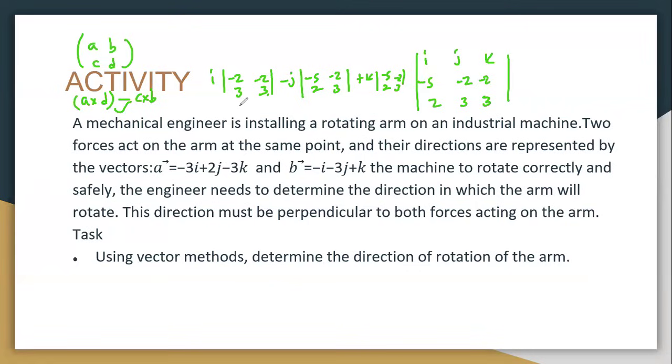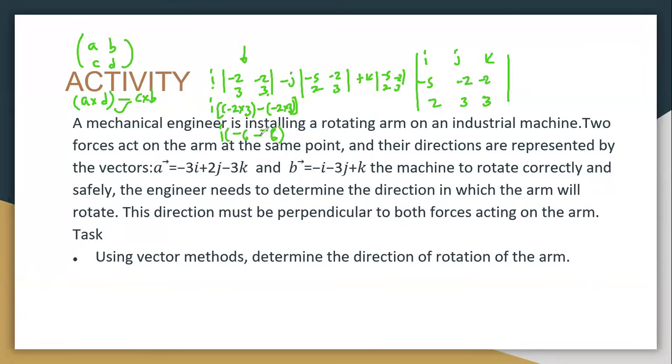Negative 2 times 3 minus negative 2 times 3. But we shall multiply with I. So negative 2 times 3 you end up with? It is negative 6. Minus negative 15? No. Remember, we are still on the first one, Diana. Oh, yes, sorry. Negative 6. So what do we end up with? It would be 12.